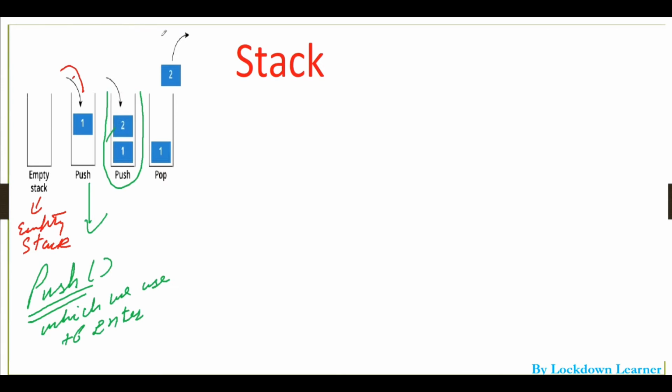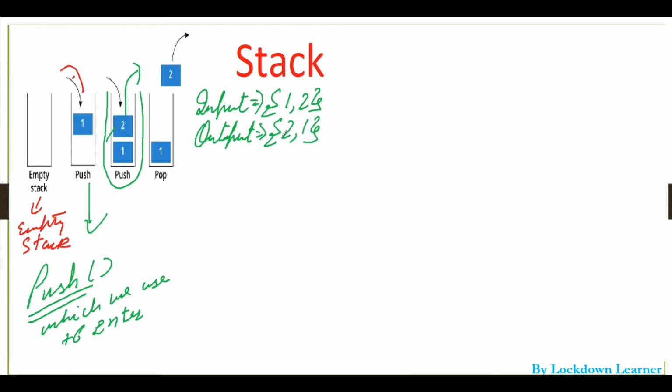When I want to take out the data, the only thing I can do is first take out 2. The input we have given is 1, 2, and when we retrieve our data we get 2 and 1. This is basically called stack. Popping is deleting data from the stack.